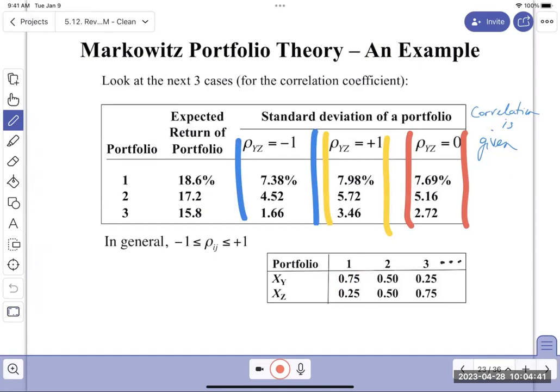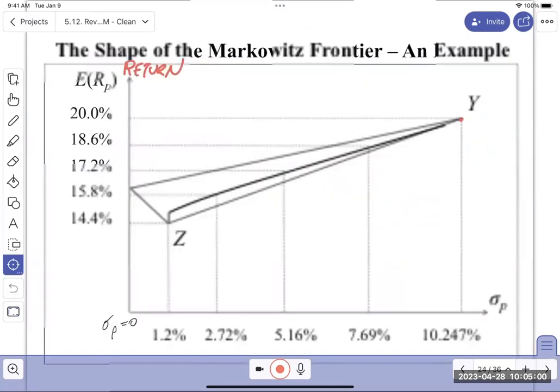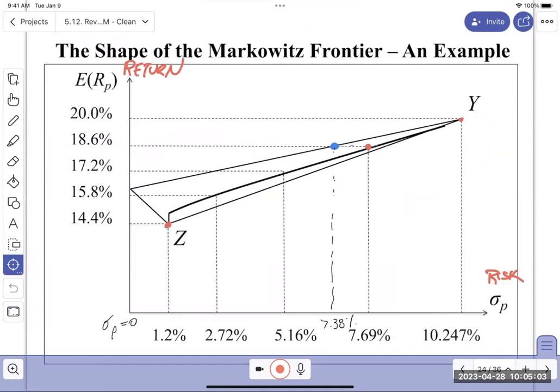So this is riskier because it has more of the risky one in it. And that puts you over here, and over here. So the expected return doesn't change.